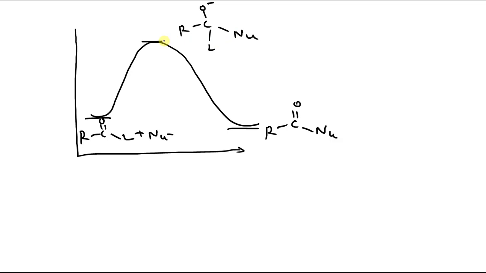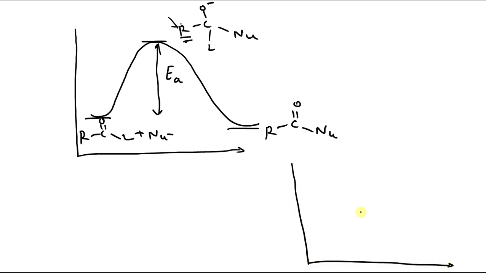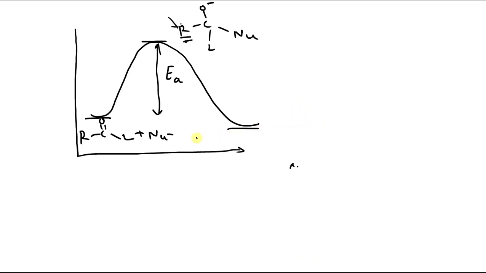If R is electron donating, then its energy will be higher, so its activation energy will be something like this. Now let me draw another case where this R group stabilizes it, so its energy will be lower. It will be better if I draw it parallel to this, so that there will be no confusion. These are the products.